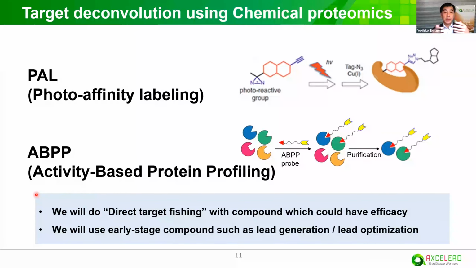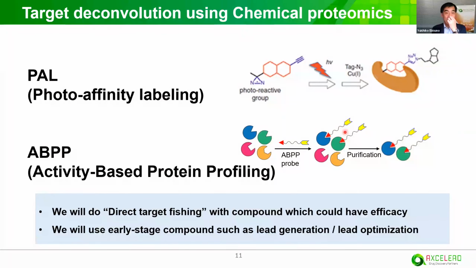I mean the direct binding of the compound with the protein, using a compound that has efficacy in some cell line or in vivo. Another point is that we can use early stage compounds, such as in lead generation or optimization.